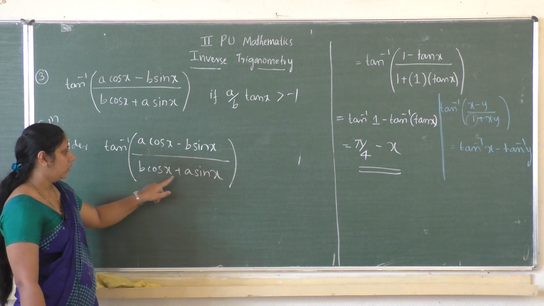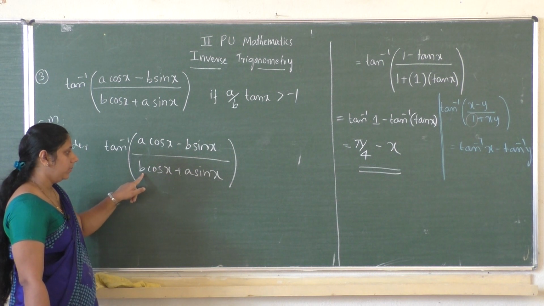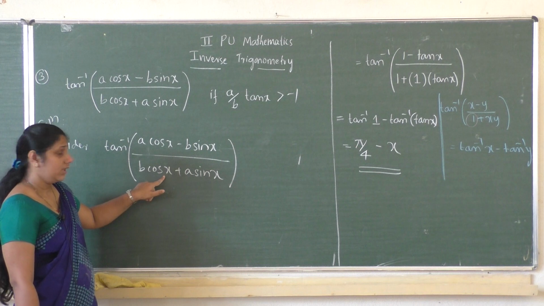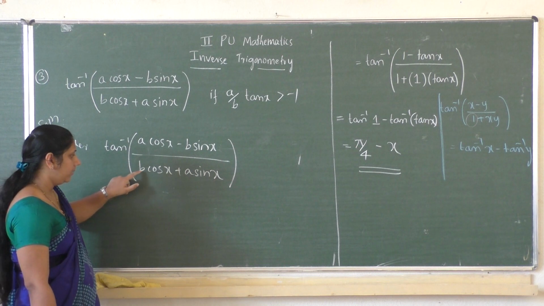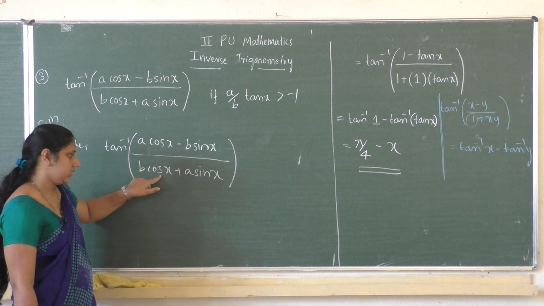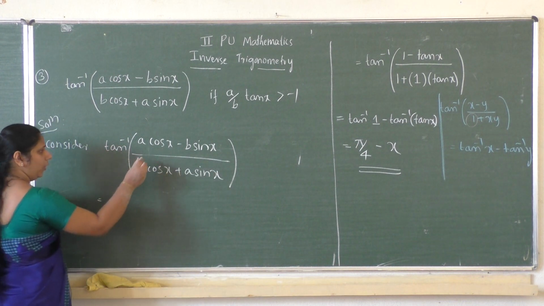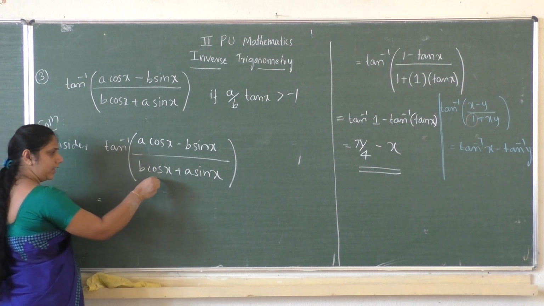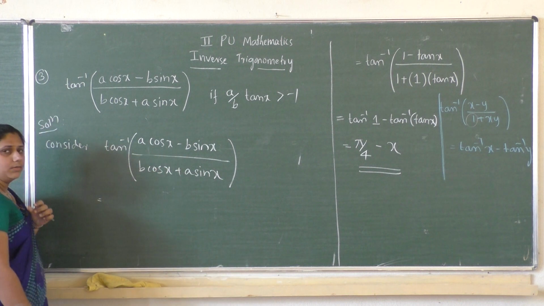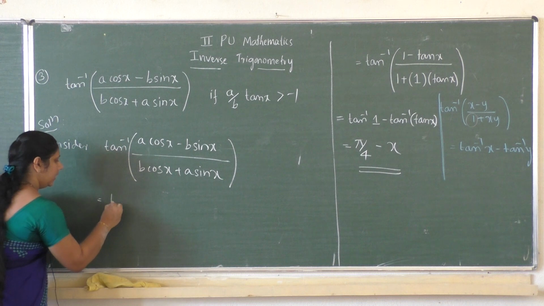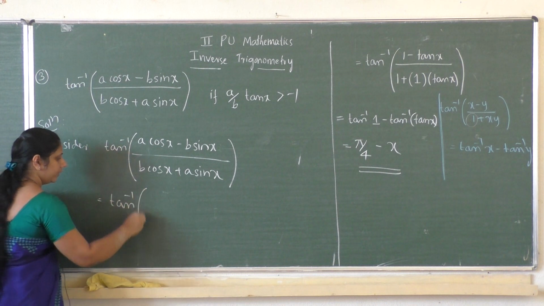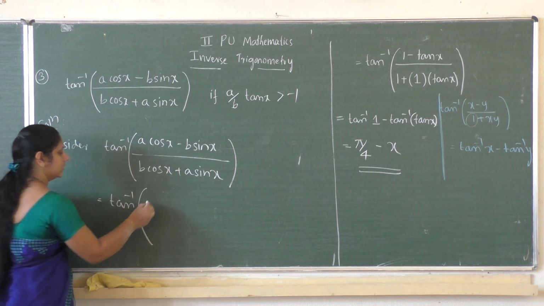So what is the term here? b cos x. How to get 1 in this place? If I divide by b cos x, this term will be reduced to 1. So you have to divide both the numerator and denominator by b cos x.